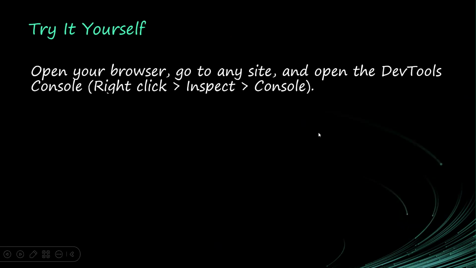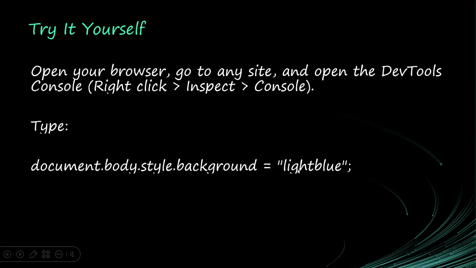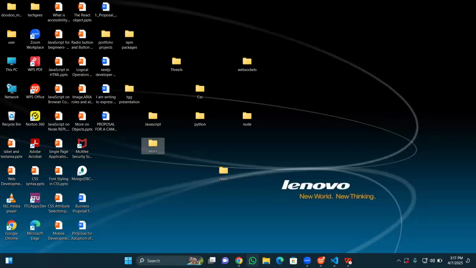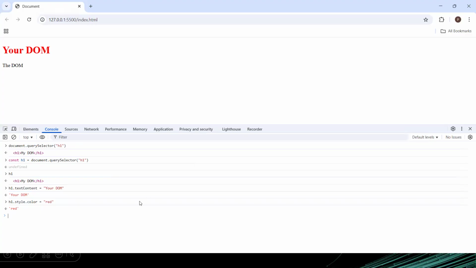So let's try it yourself. We have already done some things. We changed the style of the color of the body, and we changed the color of the H1. So let's do more experiments here.